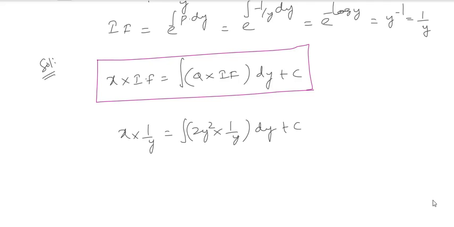So this y will get cancelled. Integrating factor, this is x by y, which is equivalent to 2y. This y will get cancelled, 2y into dy plus c will be there. Am I right or not? Yes or no? Yes.